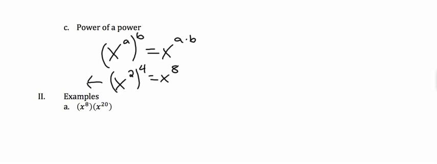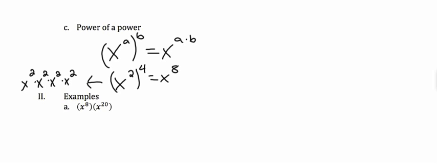Again, easy explanation. X squared to the fourth is just 4 x squareds multiplied, right? And now we can go back to that original rule that we had, which is product of two powers. We've got a product of 4 powers, so we add up all the exponents and we get 8. Okay, again, if you forget one of these rules, a lot of times you can figure it out by hand by just kind of writing it out in a little bit more of an expanded form.